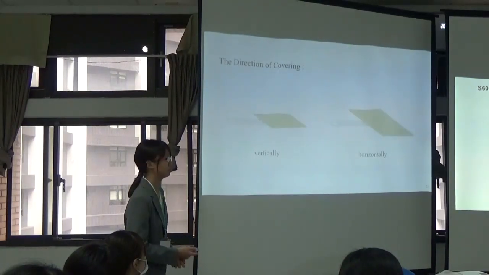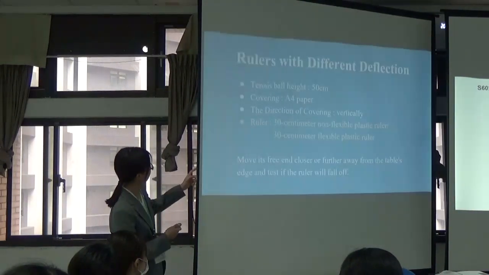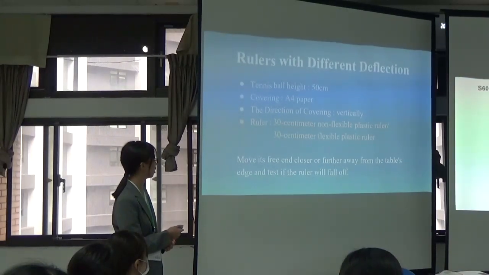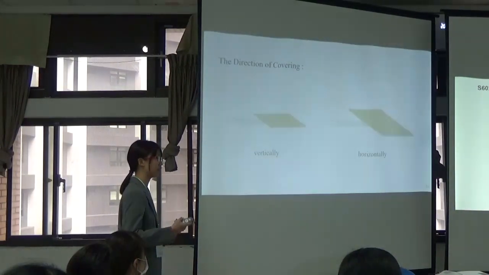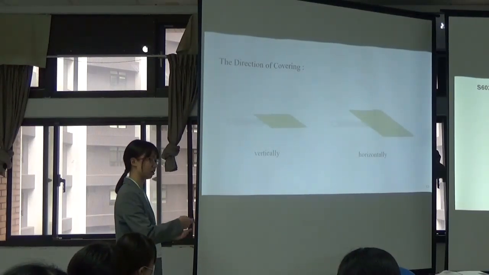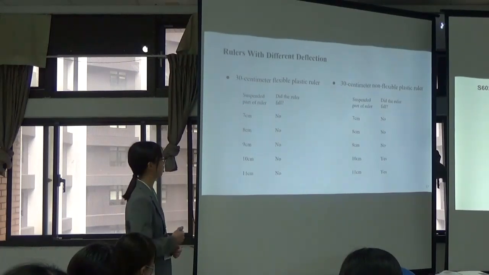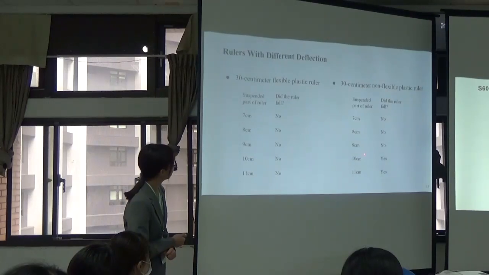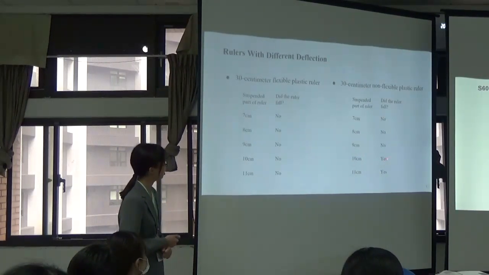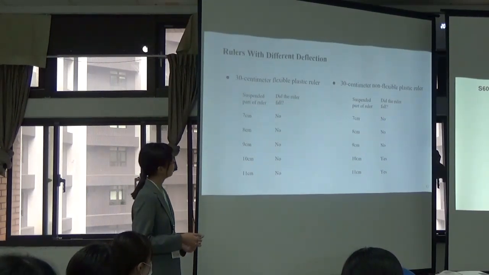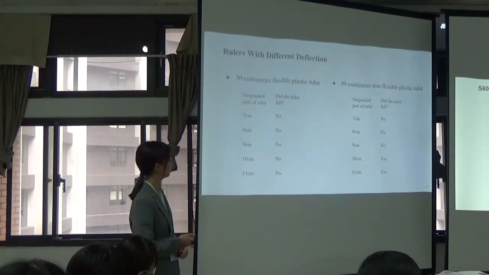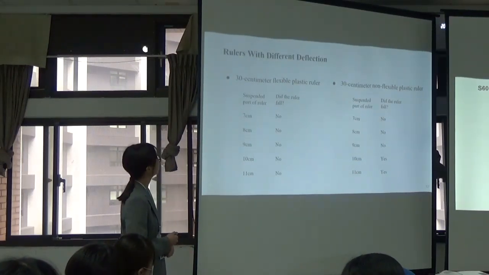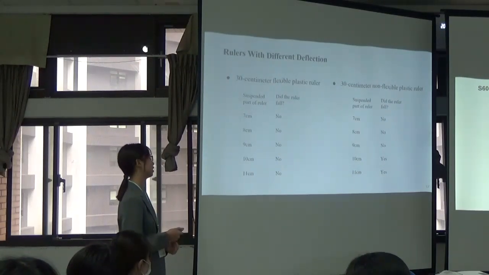We have to say that here the direction of covering is vertical. Vertical in my experiment means like this, and this is what horizontal means in our experiment. And so here's our data. We can see that when the suspended part of the ruler is 10 centimeters, the non-flexible plastic ruler already falls down, but the 30 centimeter flexible plastic ruler still stays on the table.